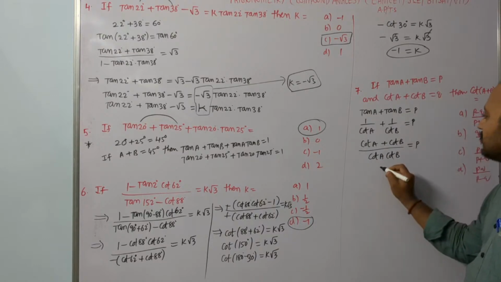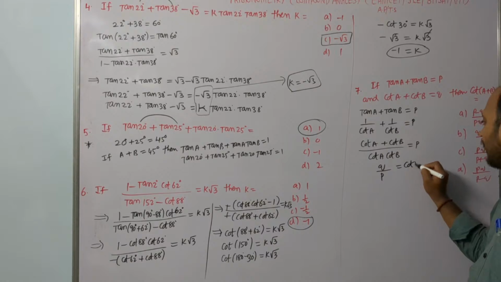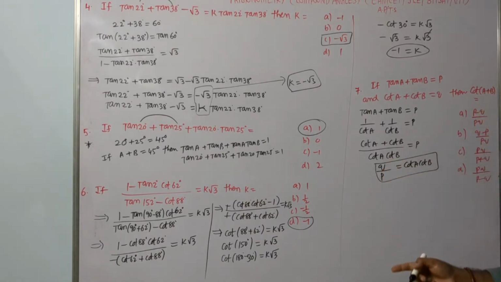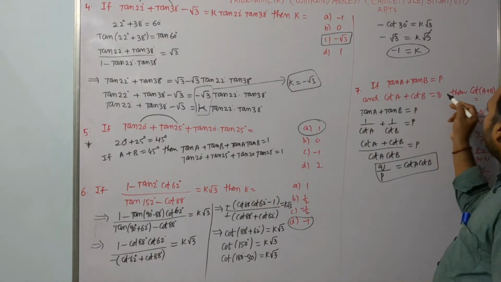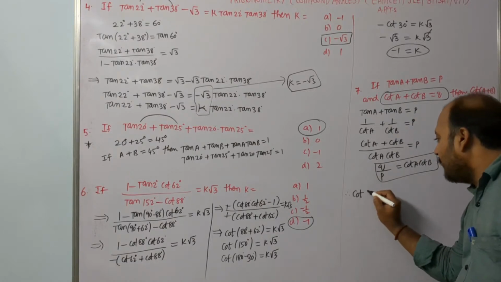Here, Q. So Q divided by this value, P brought here, the cot A cot B value will come, dear students. So we got the cot A cot B value. The cot A plus cot B value is also available. So they are asking to find cot of A plus B.